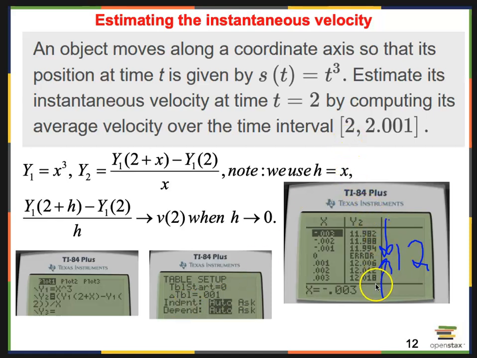And then when you go to your table, think about what happens when h equals 0. It's going to be undefined at that value because we're dividing by 0. So you won't actually get there. There's an error there, and that would be it. But think about as we come from the left side, or the right side, excuse me. This would be coming from the positive side, coming from the negative side of 0.